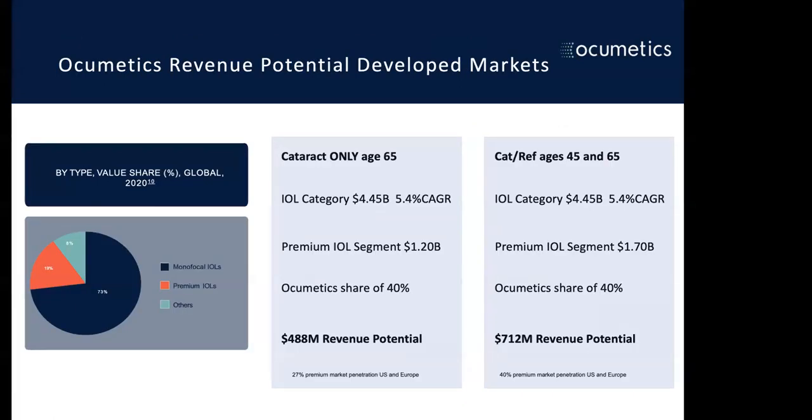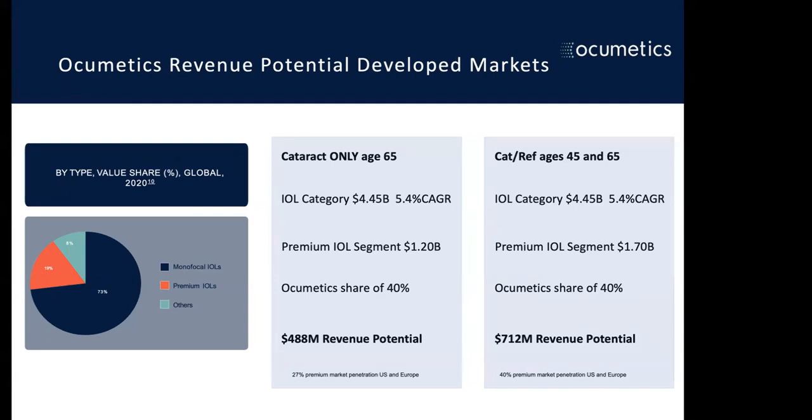For those of you who are interested in just numbers in general, we do have just a working model where we can look at different market points that actually drive our decisions. So here's an example of looking at the cataract only group, so 65 years of age patients. The IOL category, as I mentioned, is well over almost a $5 billion area with a huge growth rate attached to it.